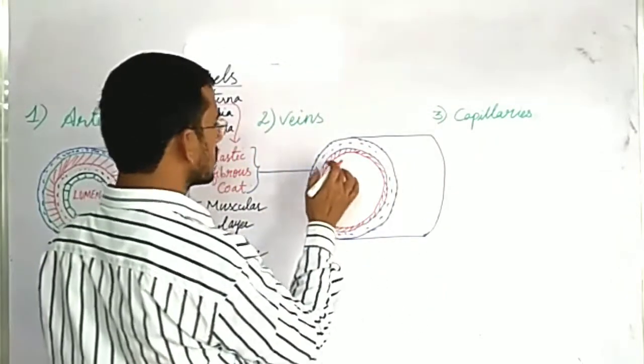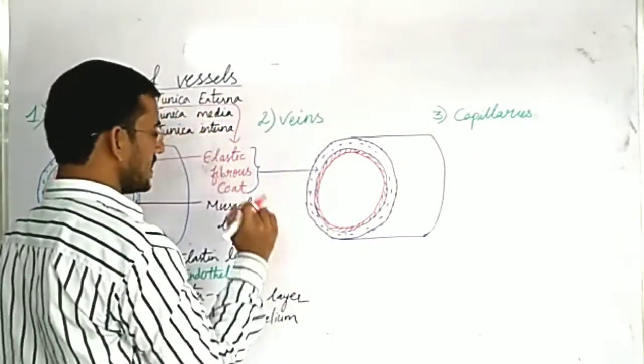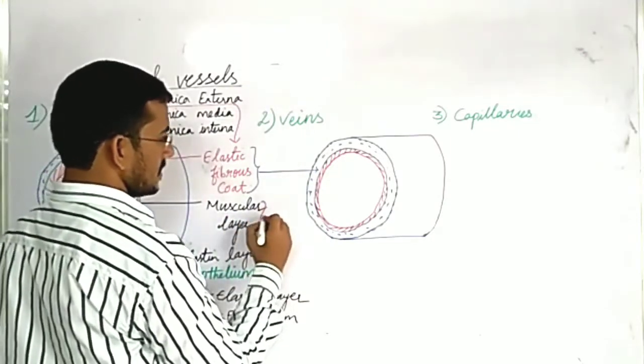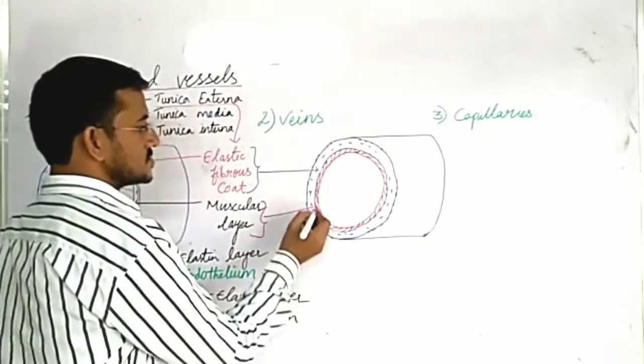This is the second layer and it is made up of muscle. So it is a muscular layer.